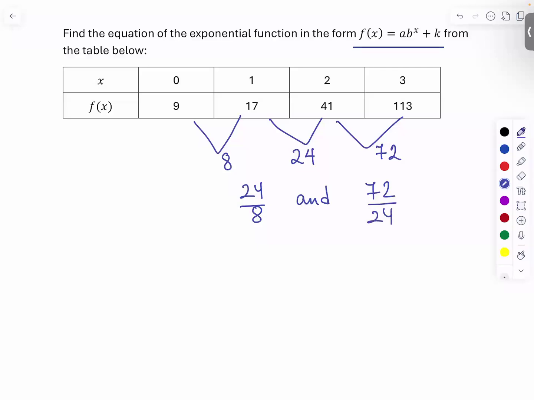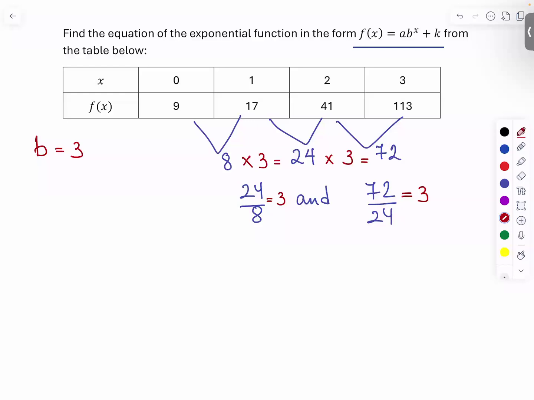And if you get the same ratio, we can see that if we multiply by 3, we'll get the next number. So 8 times 3 is 24. 24 times 3 is 72. So the ratio for these two is 3. So this is our base.